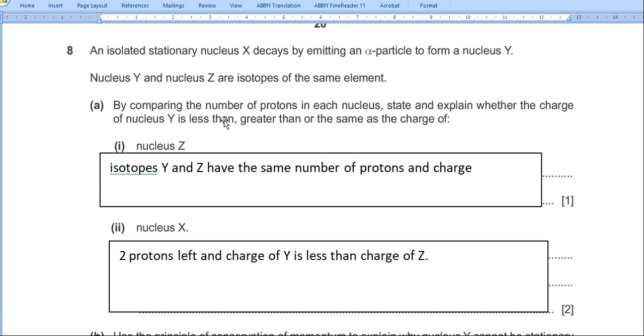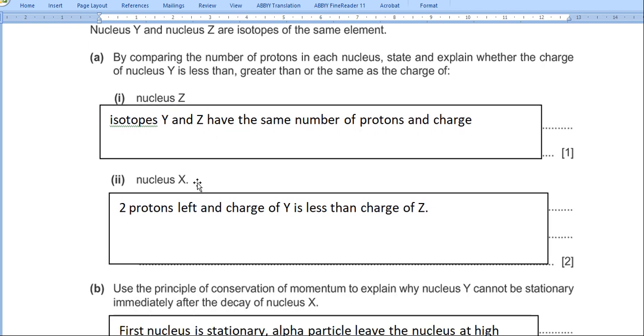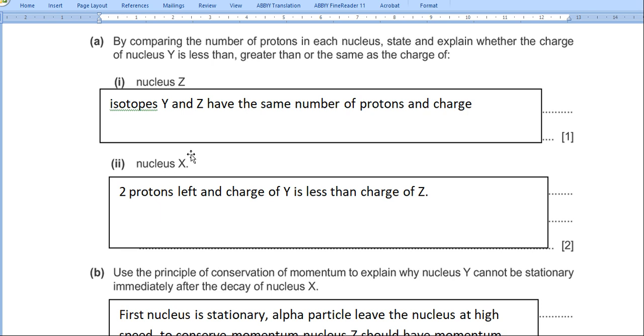By comparing the number of protons in each nucleus, state and explain whether the charge of nucleus Y is less than, greater than, or the same as the charge of nucleus Z. Isotopes Y and Z have the same number of protons and charge.